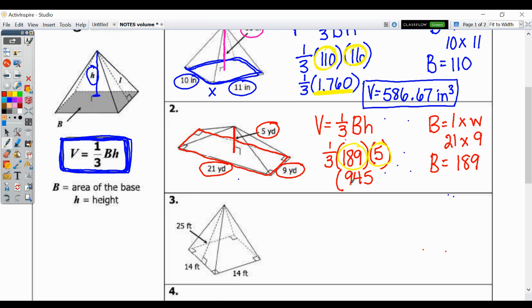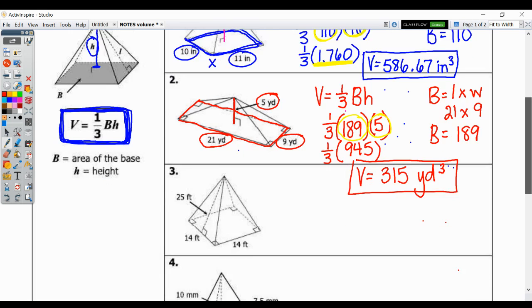If I multiply that value times 1/3, that's the same thing as dividing it by 3. So in my calculator, I'm going to type 945 divided by 3. That's going to give me 315. So the volume will equal 315 yards cubed. We say cubed because we're talking about volume.